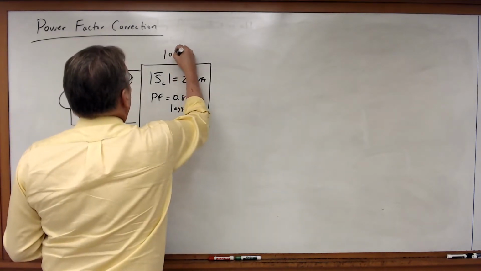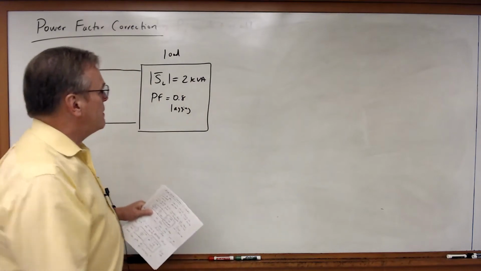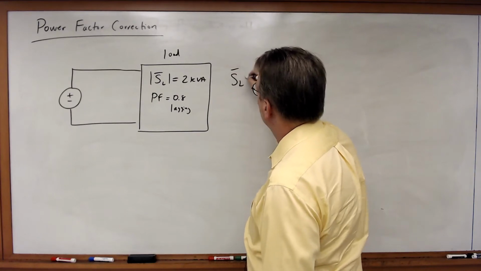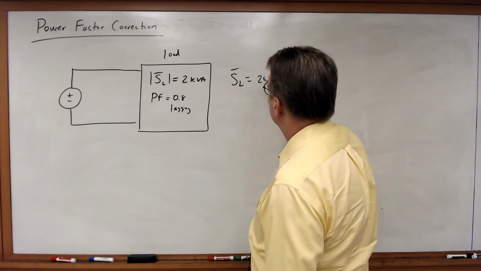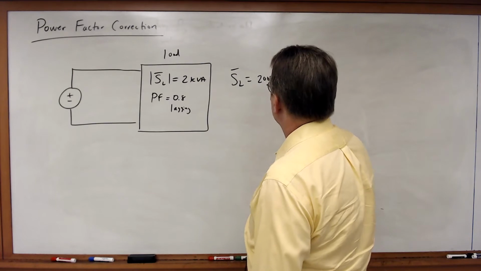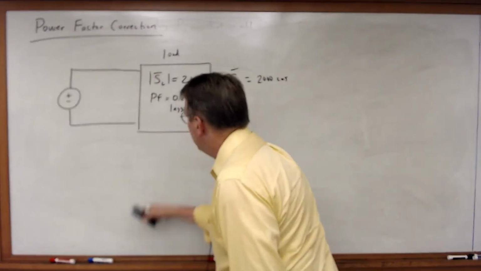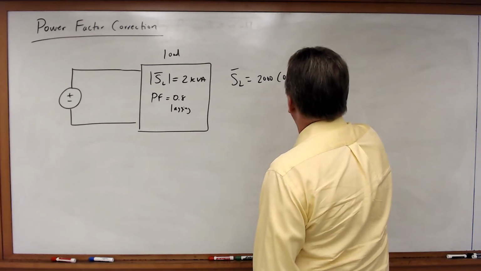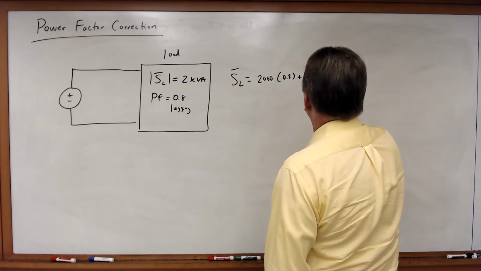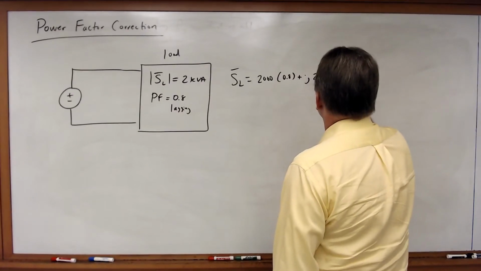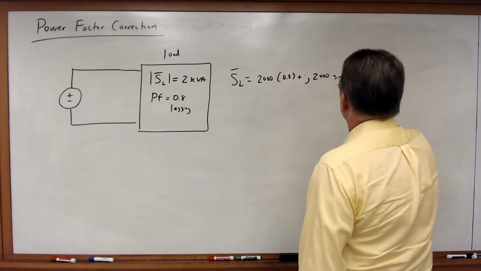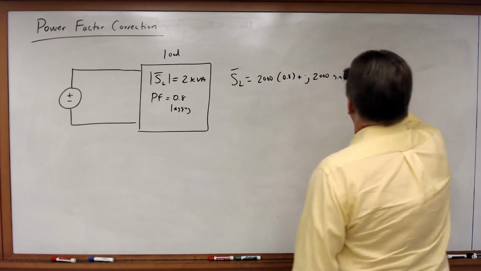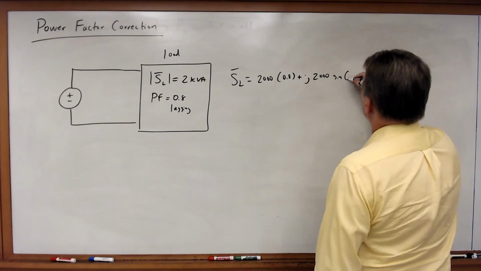Well, we know that S sub L is going to be equal to 2,000 times 0.8, since that's the power factor, plus j times 2,000 times the sine of the inverse cosine of 0.8.